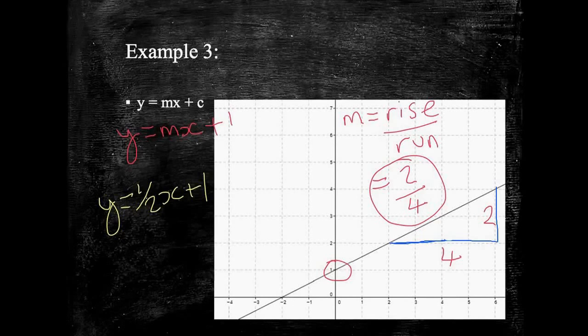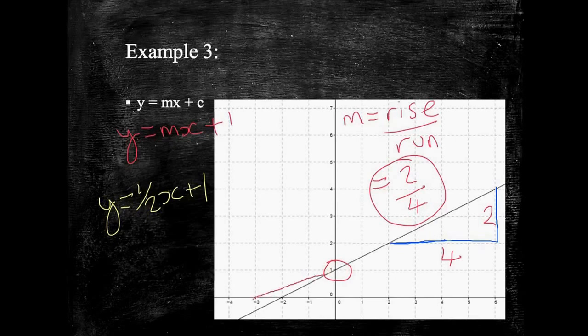And that's okay. We're not always going to get whole numbers as our gradient. It's not always going to be 1 or 2 or 3 or 4. Sometimes we might get a half or a third. A third, incidentally, have a little think about it. Where do you think a third might go on here? I'm just going to sketch it in a second. If the gradient was a third and it still crossed at 1 on the y-axis, roughly where do you think it would go?